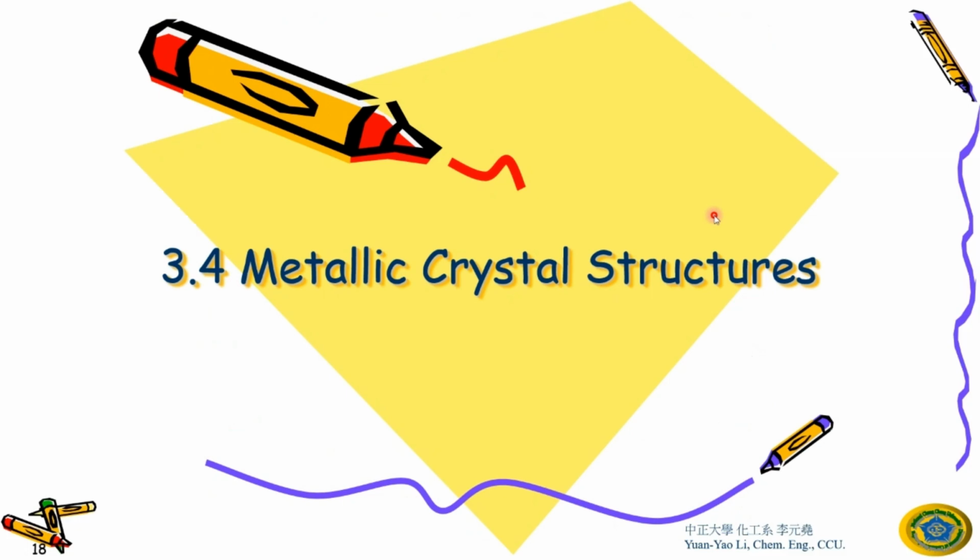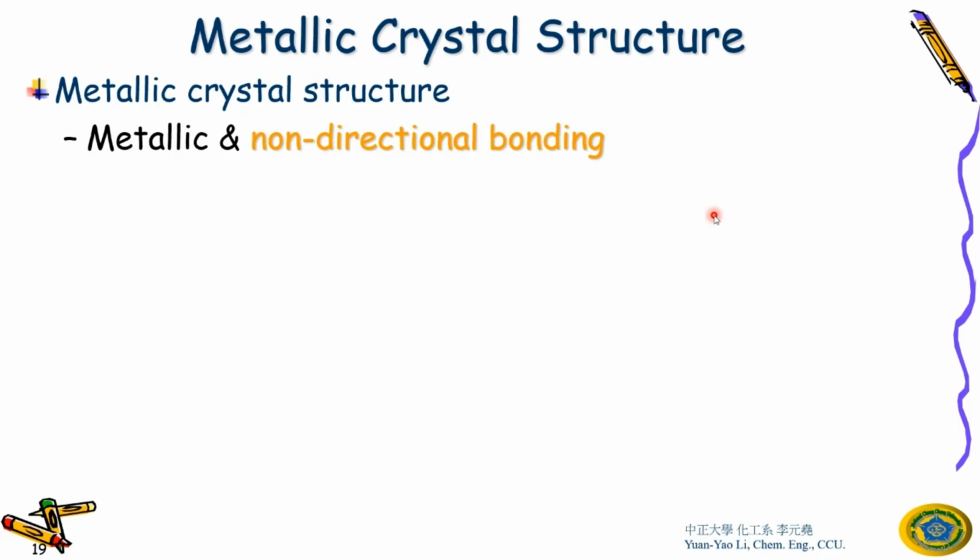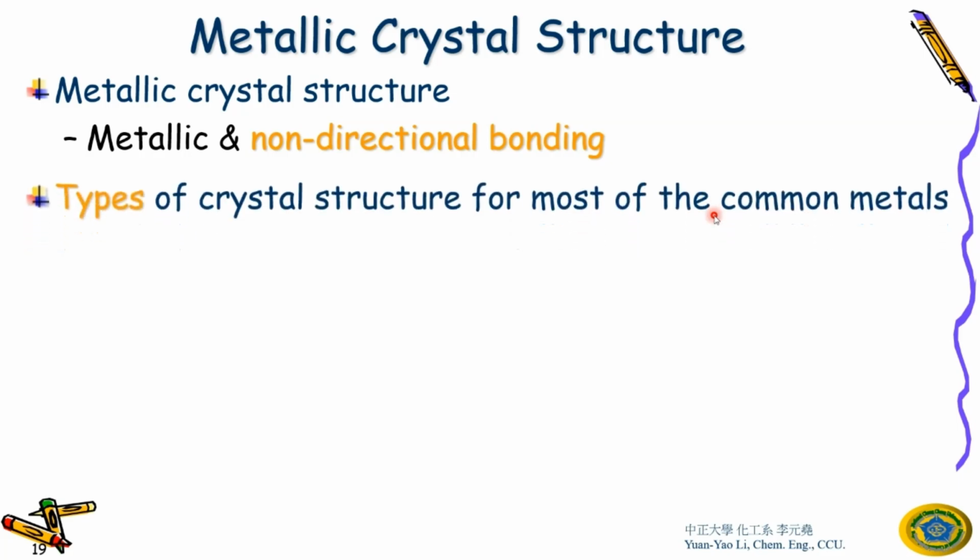Okay, so now let's go to section 3.4, metallic crystal structures. What is the metallic crystal structure? We know that metallic bonding is a non-directional bonding. So for most of the common metals, there are 4 types of crystal structures we want to introduce here.